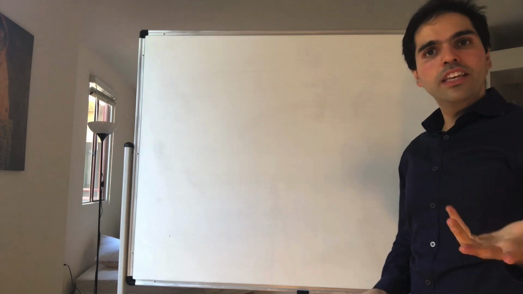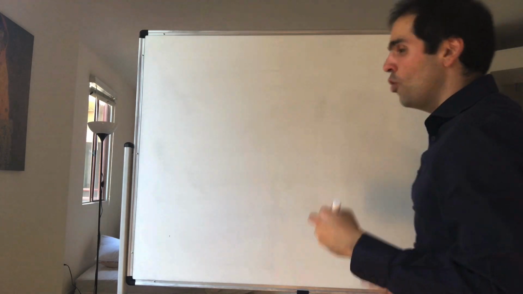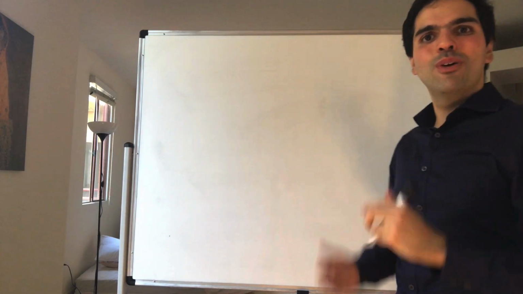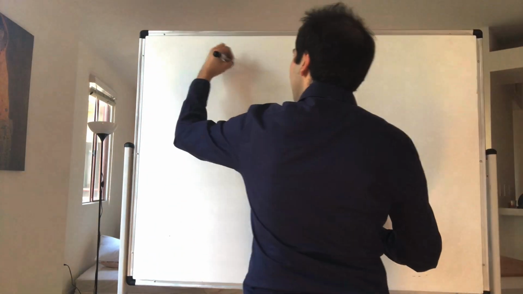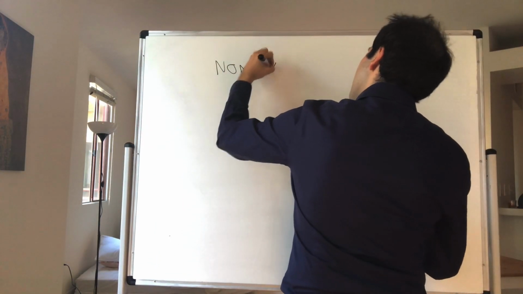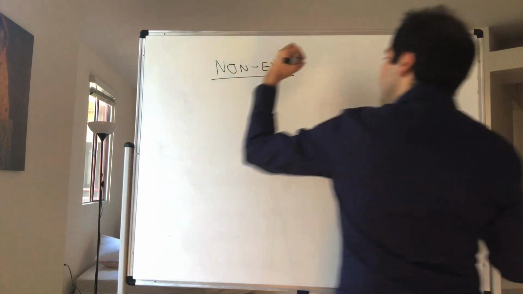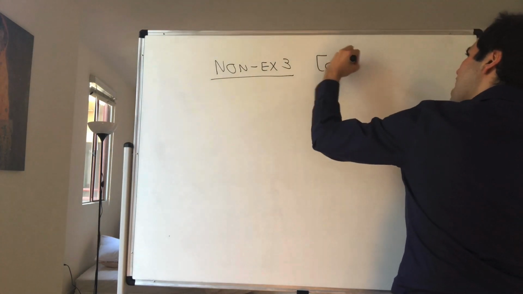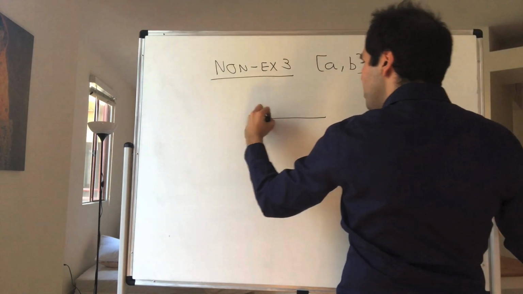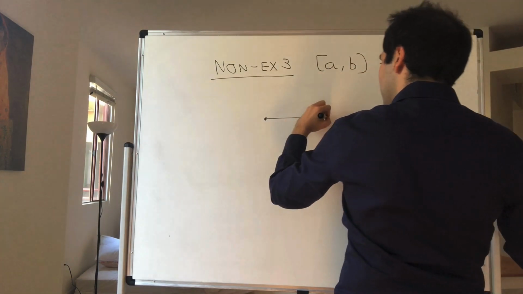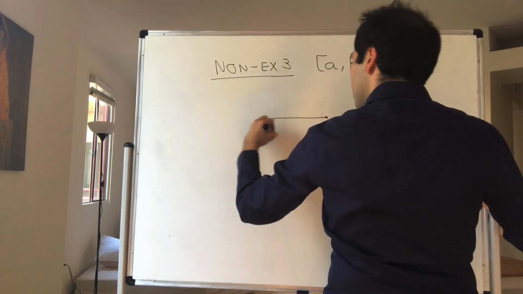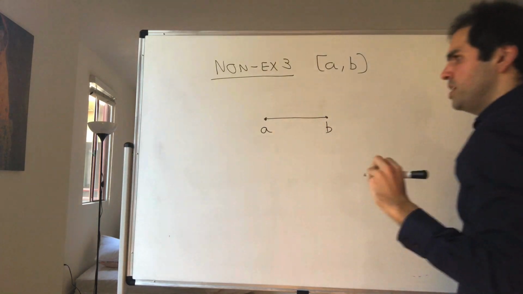All right, now let me give you an example of a set that's not open so you can really understand what open means. So, non-example 3. Consider the closed interval [a, b]. And I'm claiming this is not open. What does it mean for this to be not open?